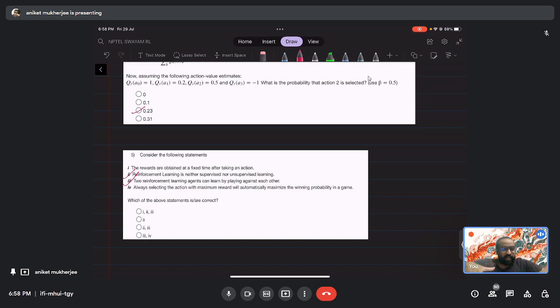So it depends on what state you are in, what the chessboard is. It might be a good move some other time, but given this state, it is very bad. Because you don't have a reward which comes immediately. In a game you have a sequence of moves and then you get a reward. Am I making sense? So the answer is 2, 3.